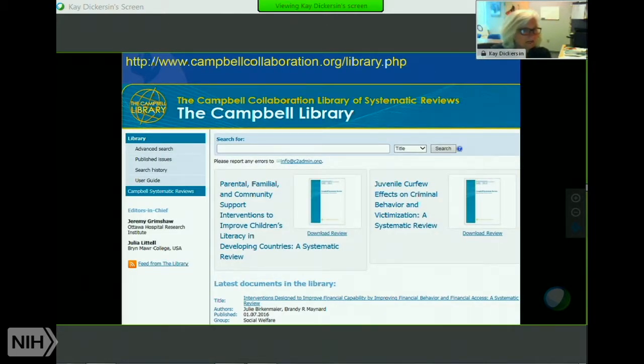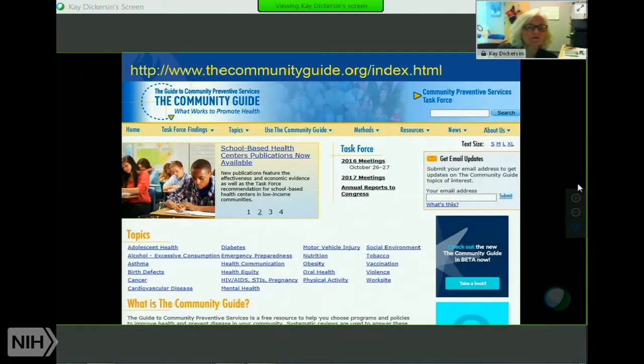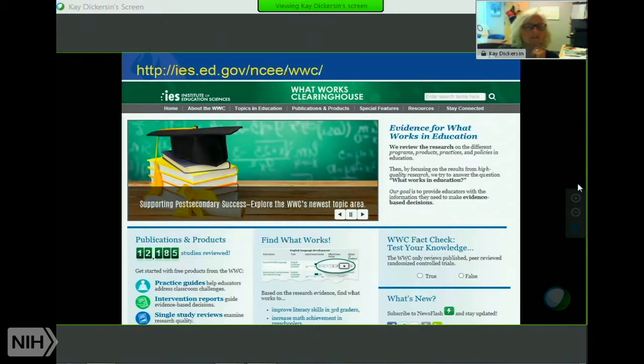The Campbell Library is like the Cochrane, but it includes education, the judicial system, and social sciences in its reviews. The Community Guide is from CDC, and it has public health type reviews. For example, some of the topics under topics are birth defects, mental health, motor vehicle injury.